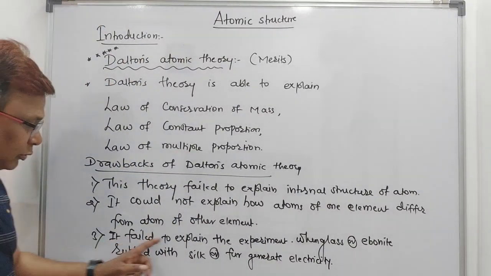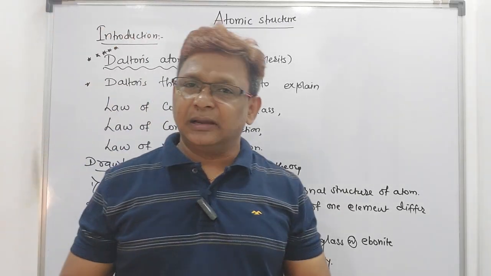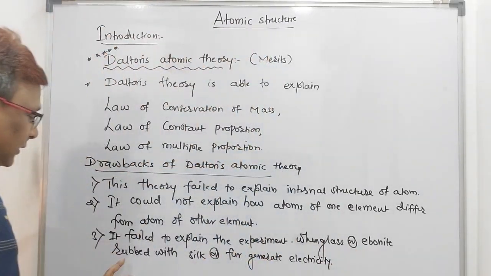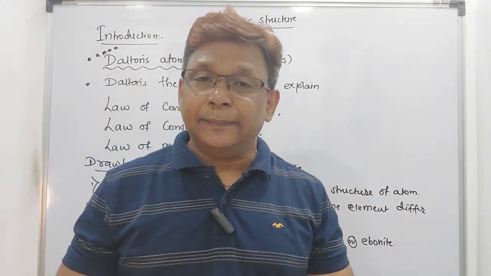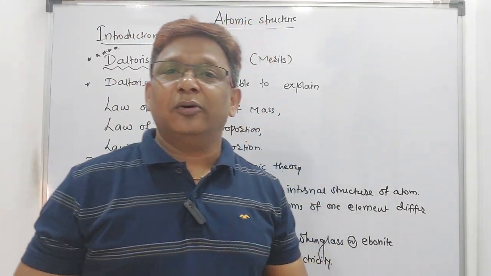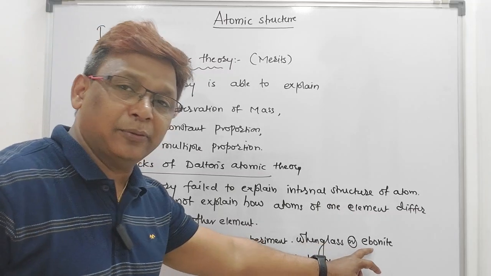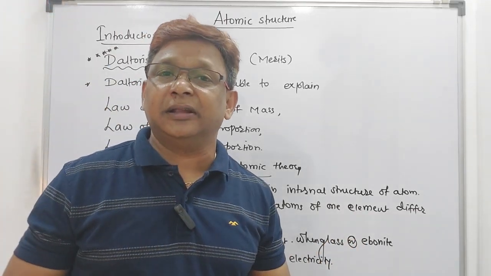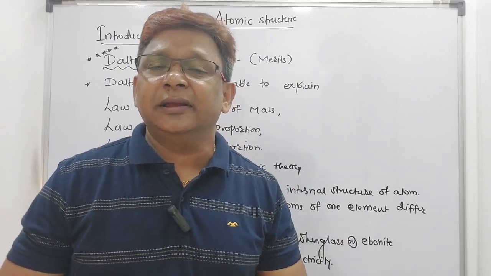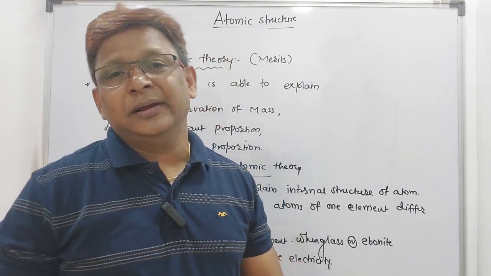So, beta, it failed to explain the experiments where glass or ebonite rubbed with silk or fur generates electricity. How, by rubbing, does it generate electricity? That also Dalton was unable to explain.